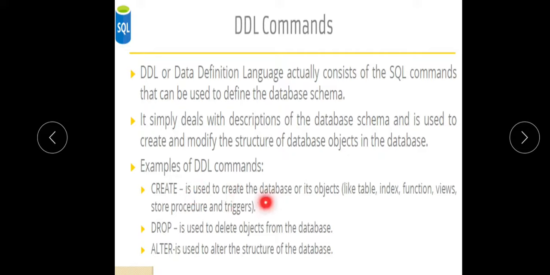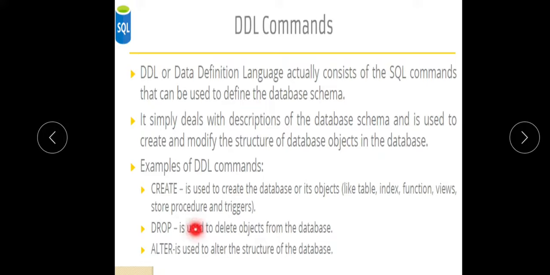It is used to create a database or its objects like table, index, function, views, stored procedures and triggers and so on. Today we are going to see the creation of the table. Index and function we are not going to see today; that is in the next module.